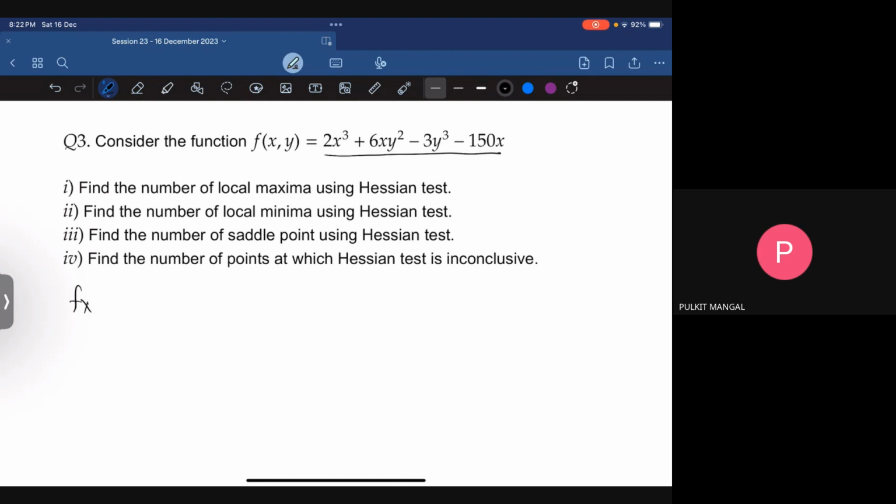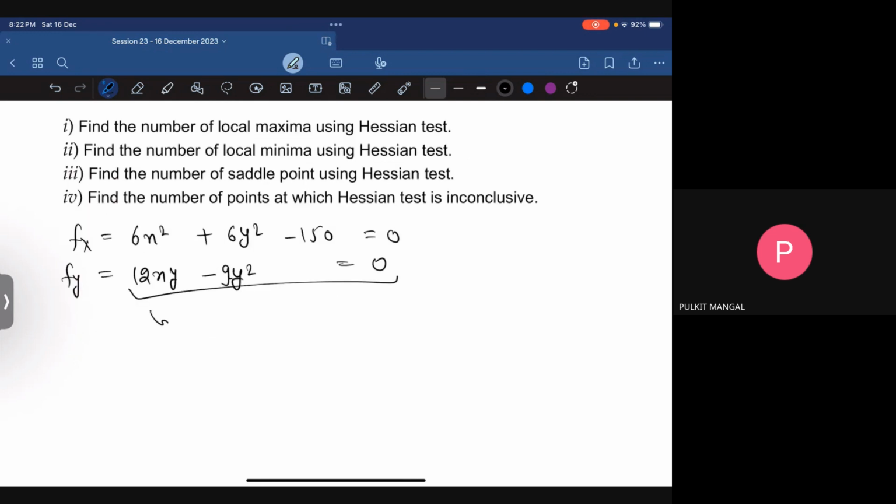So first find the critical points. For that, the partial derivatives are equated to 0. So fx is 6x² + 6y² − 150. fy is 12xy − 9y². We have to equate them to 0.